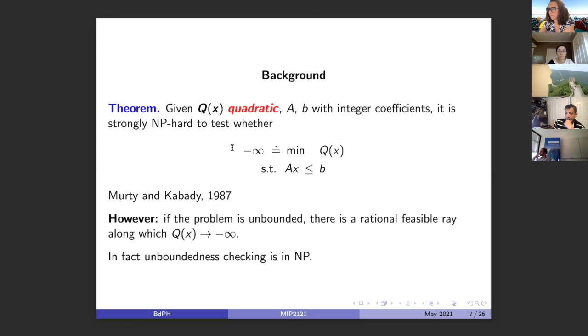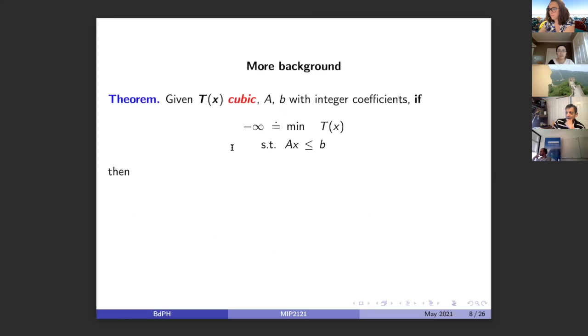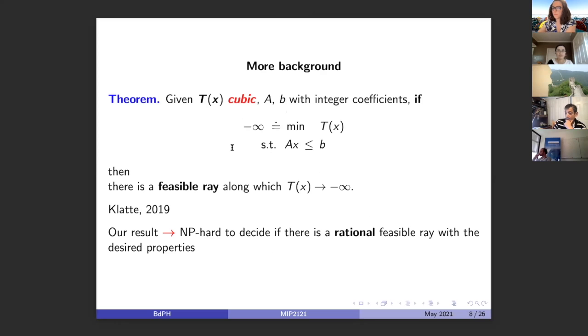But not for the cubic, it's NP-hard. And more background, in fact, for the cubic case, it is true that if a cubic is unbounded, there is, in fact, a feasible ray where it goes to minus infinity. The question is, is this feasible ray rational? Can we write it down? And this is what is hard.